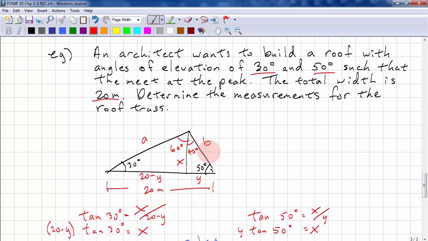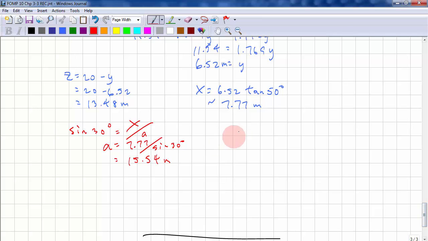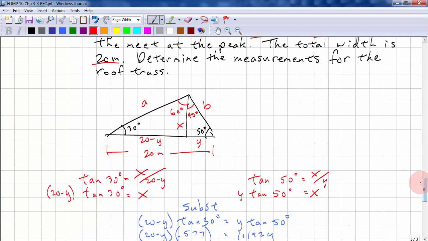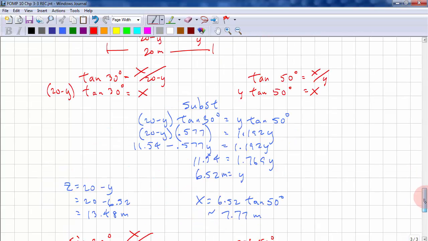And last one, B. Okay, we have this value and this value. This time we'll use cosine 50 degrees. So we're looking at adjacent over hypotenuse, y over b.